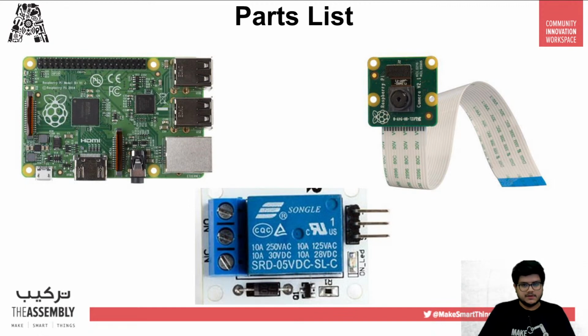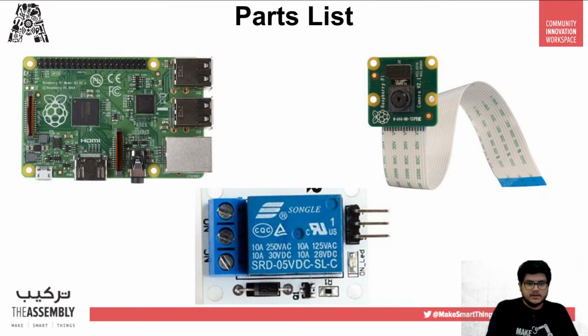The relay is essentially for turning on or off different appliances that you have at your place, and the camera module will be used to capture images and send them to your phone on your Telegram. And one more thing is, instead of the Raspberry Pi camera module, you can also use a USB webcam.